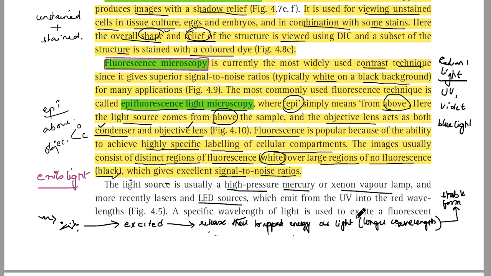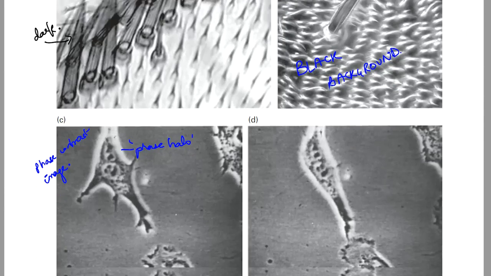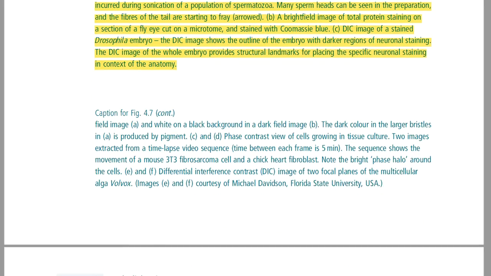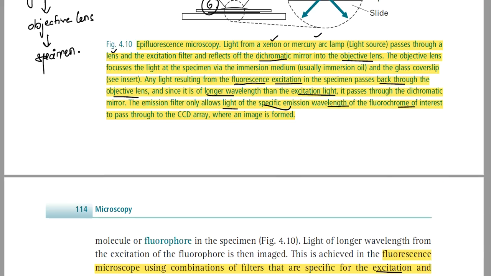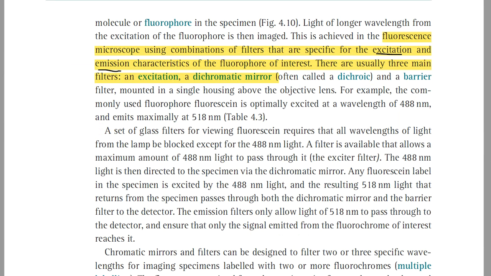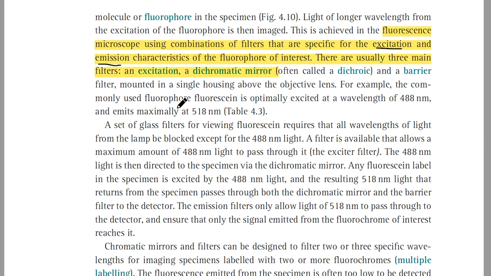Okay, and a specific wavelength of light is used to excite a fluorescent molecule or fluorophore. So to excite a fluorophore present in our sample, a specific wavelength is required. Clear? So light of longer wavelength from the excitation of the fluorophore is then imaged.